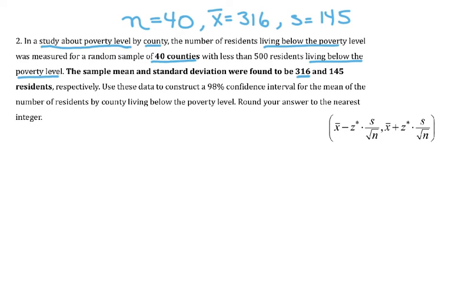Now this problem is a little confusing because of this part here. That's why I put the words in bold that I did. These counties were chosen because they had less than 500 residents. Okay, so we have n, we have our mean, we have our standard deviation. We need to figure out what z star is. Well, we want a 98% confidence interval.